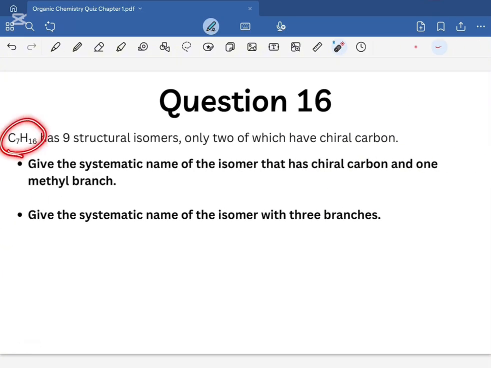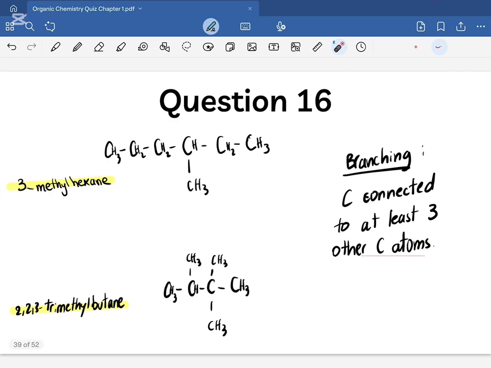Now C7H16 has 9 structural isomers, only 2 of which have chiral carbon. Give the systematic name of the isomer that has chiral carbon and 1 methyl branch. So we have 7 carbons, and we need to draw the isomer that has a chiral carbon. So we need to draw first 6 carbons, and we need to know where to place the methyl.